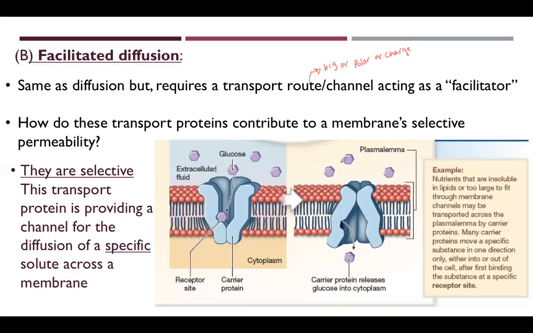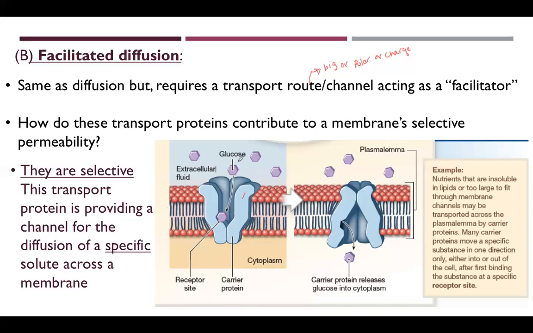But if it's going to allow the big and polar or charged molecules in, how is it selective now? Well, it's still selective because those transport proteins are specific as well. So they are only specific for a certain nutrient or other insoluble molecule.